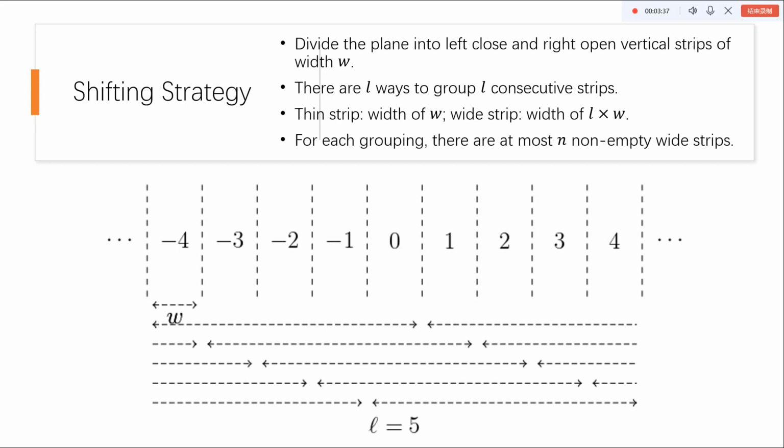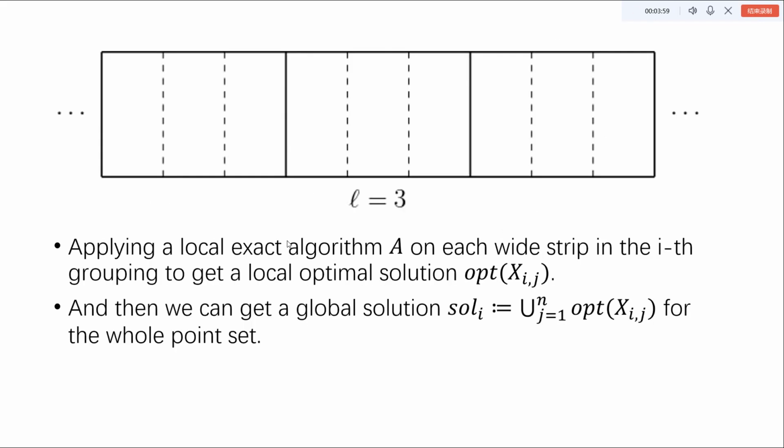For each grouping, there are at most n non-empty wide strips, as there are just n input points. For convenience, we will call the original strip a thin strip, and the grouped strip a wide strip. So how do we get a global solution from such a division? For each grouping, we can apply a local exact algorithm A on each wide strip, and then combine.